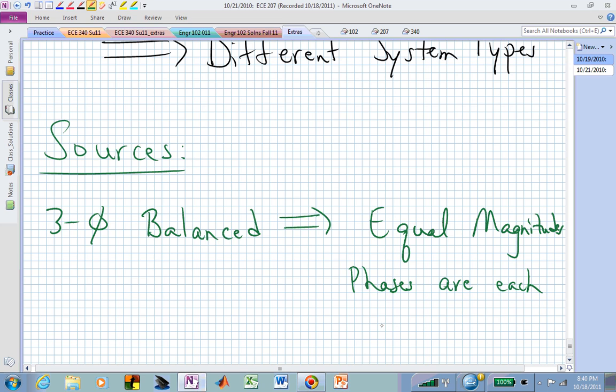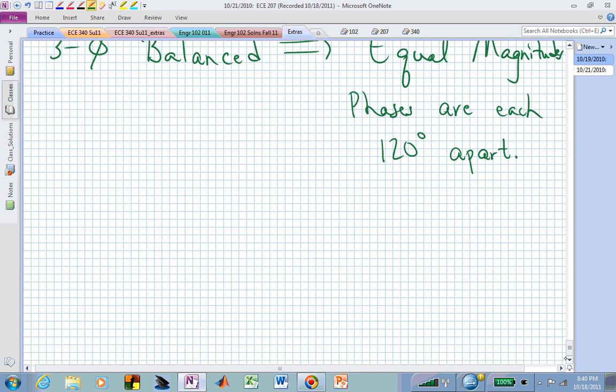So the phases are each 120 degrees apart. Let's look at one such source combination, which is called a Y-connected source. There are different phase sequences, and we will look for now at a positive phase sequence.